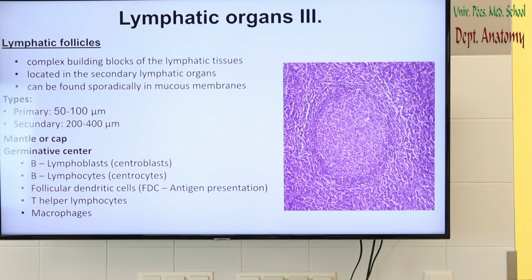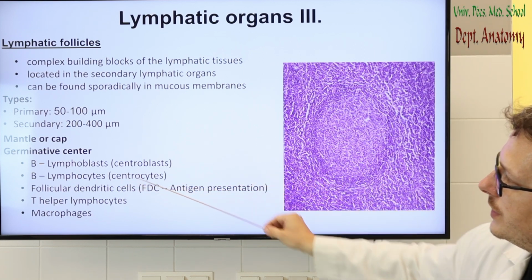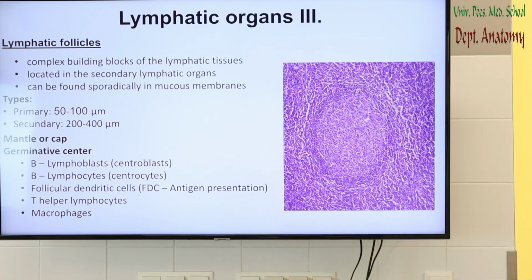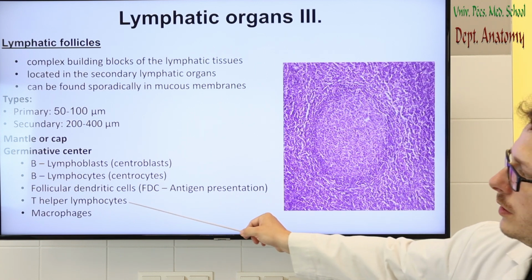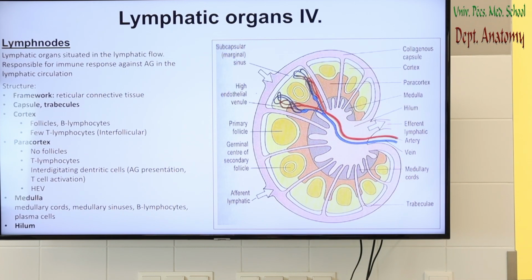Besides the B lymphocytes, the FDCs, or follicular dendritic cells, which are antigen-presenting cells, are very important cells of the lymphatic follicles. There are also some T helper lymphocytes, and very importantly some macrophages as well.